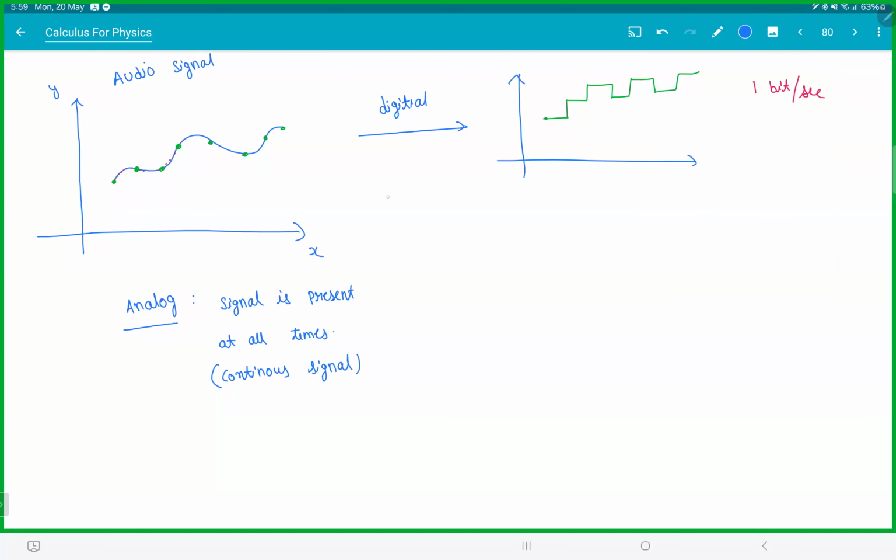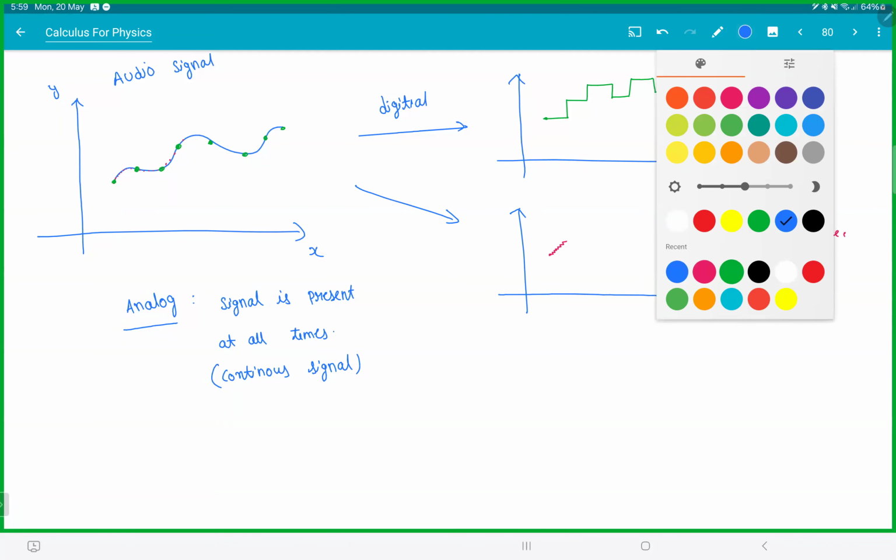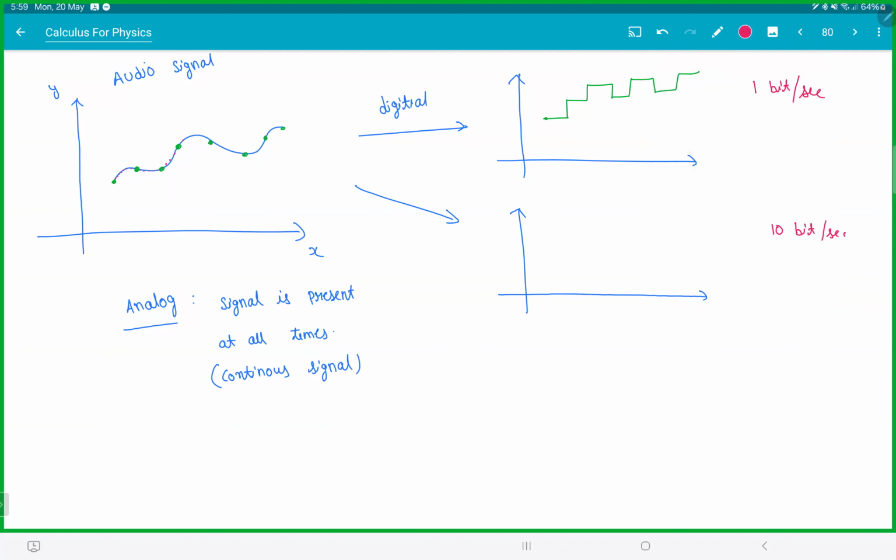But if you go to a higher level, let's say 100 bits per second, meaning every second you're taking 100 pieces of sound. Now this thing will start looking like, maybe let me take 10. I'm unable to draw. If you take 10 bits per second, you will see something a little more sensible.